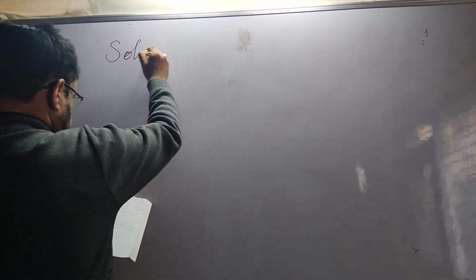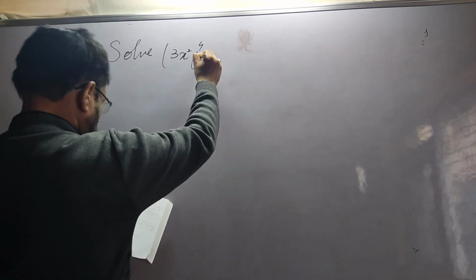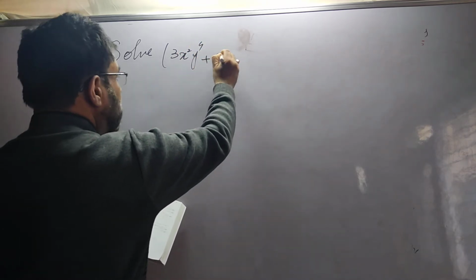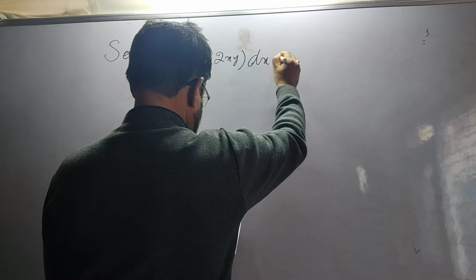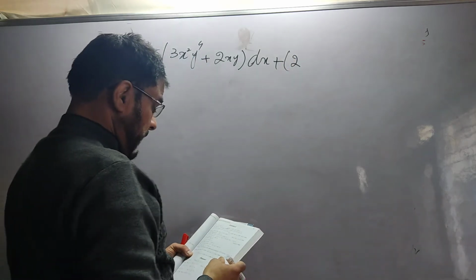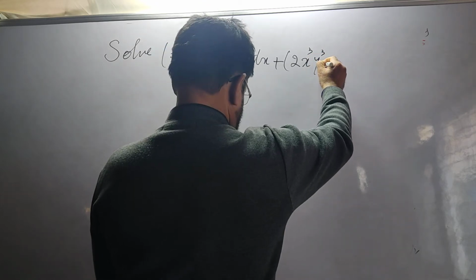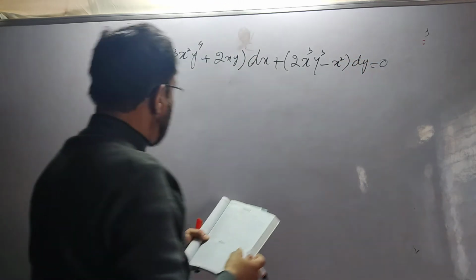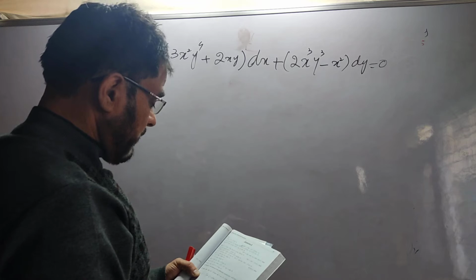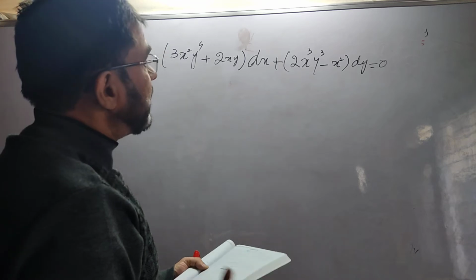Suppose you have to solve the differential equation (3x^2 y^4 + 2xy) dx + (2x^3 y^3 - x^2) dy = 0.